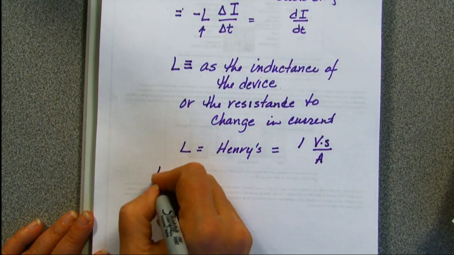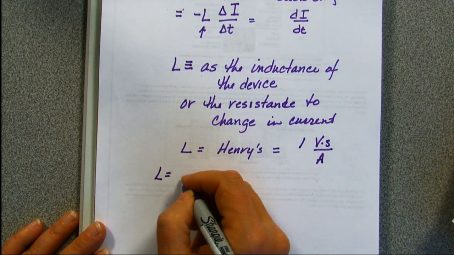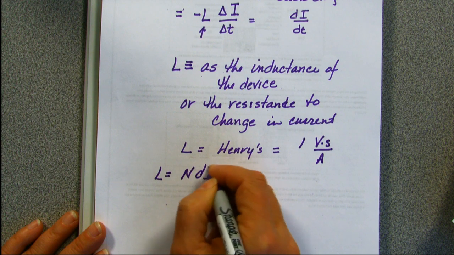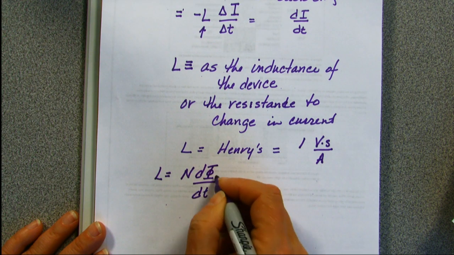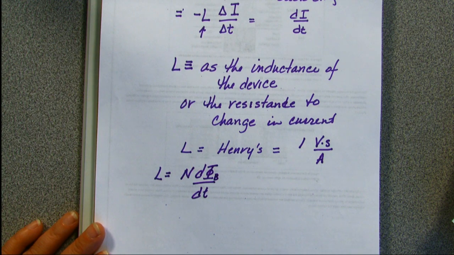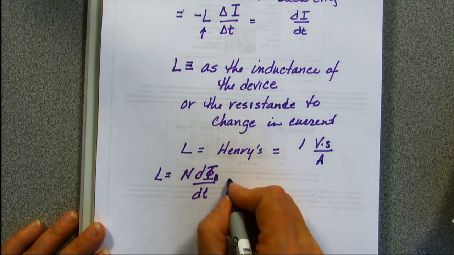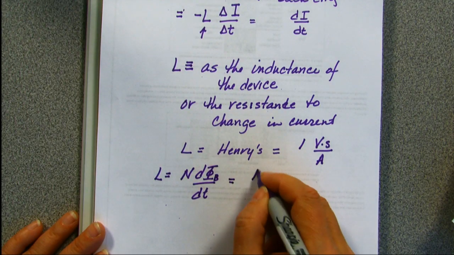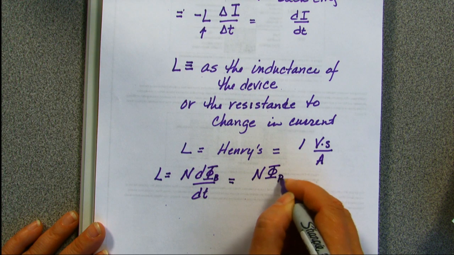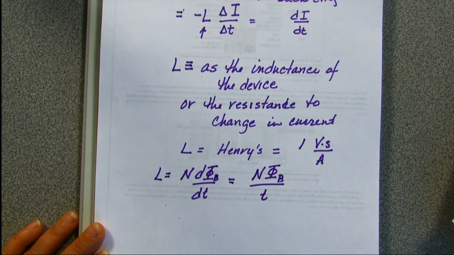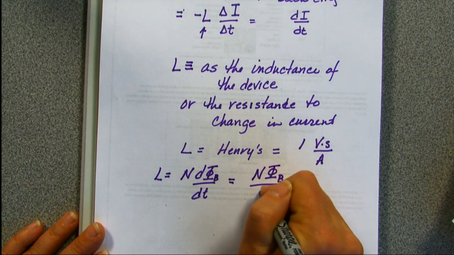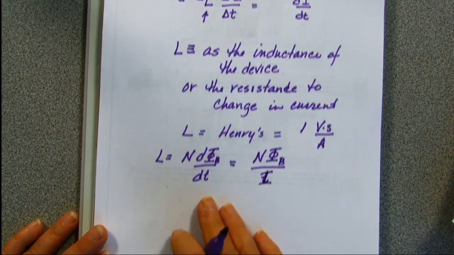So if we go back and look at our solenoid, I've got N equal to my change in flux, because remember my negative's hanging out there. And this at maximum is going to be the total flux over a given time, and that ends up being current, if I do this right.